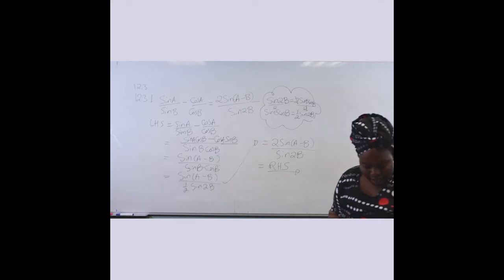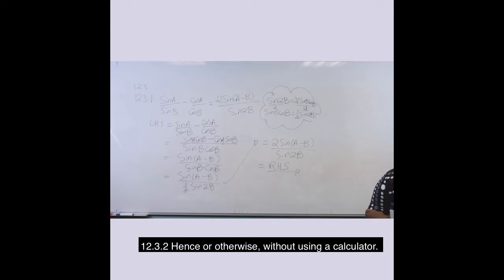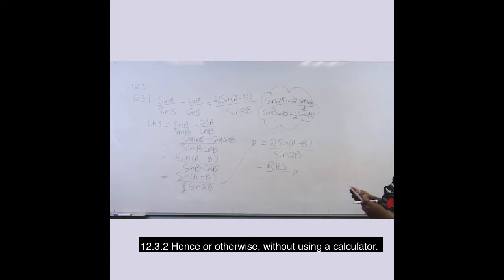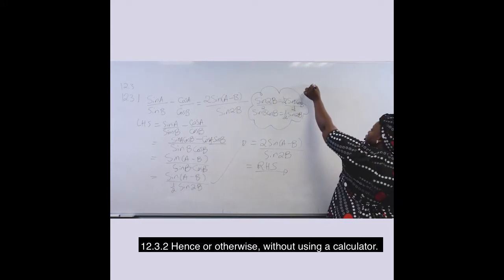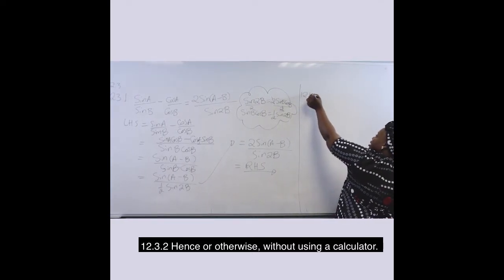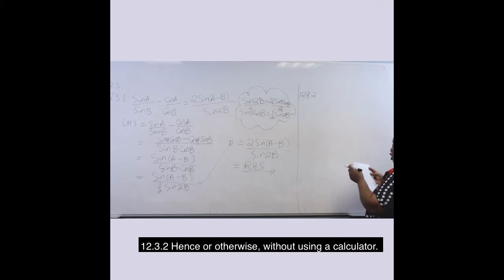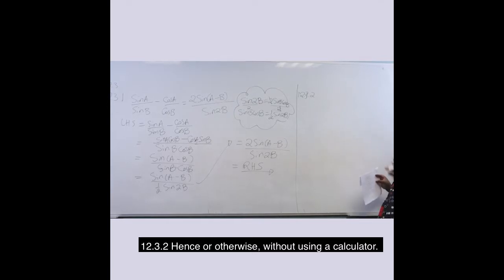Okay, folks. If we go to the second question, it is 12.3.2. It is a similar question, but you need to apply different content. But your formula is still important.